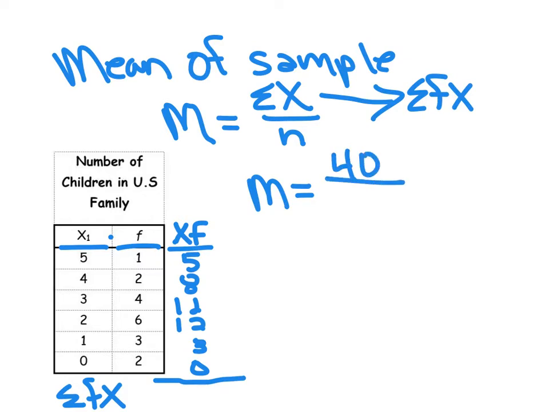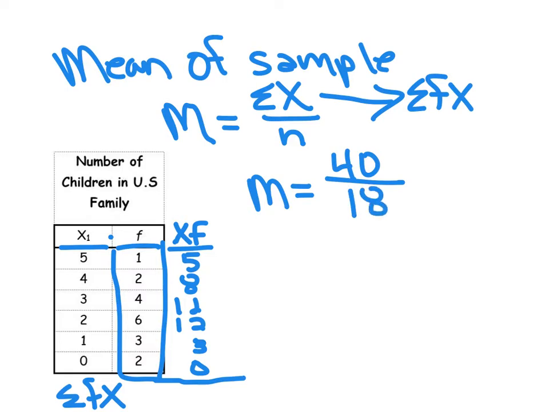Now we need to find our n, which is the sample size. So we add up that frequency column: 1 plus 2 plus 4 plus 6 plus 3 plus 2. And that's 18. So our sample size is 18.